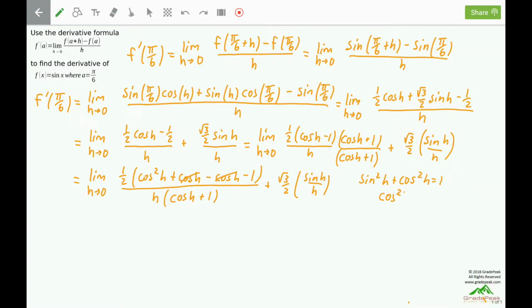Rearranging this by subtracting the 1 to the left and the sine squared to the right shows us what we can replace sine squared of h minus 1 with. We can replace it with negative sine squared of h.